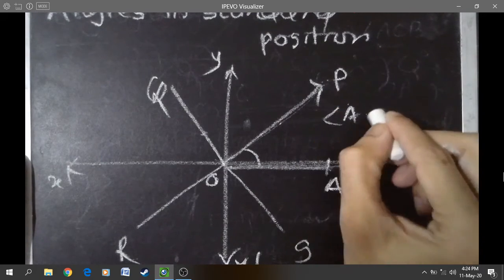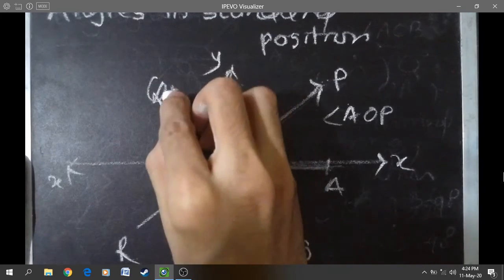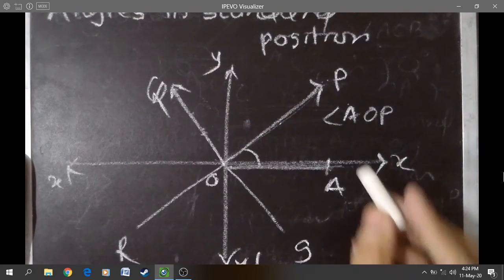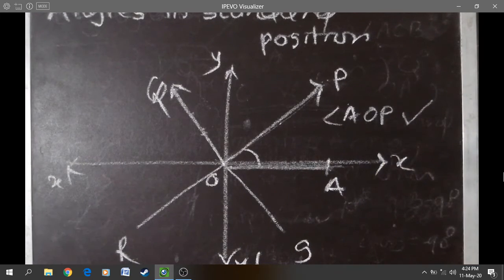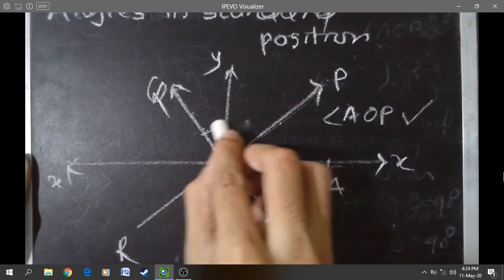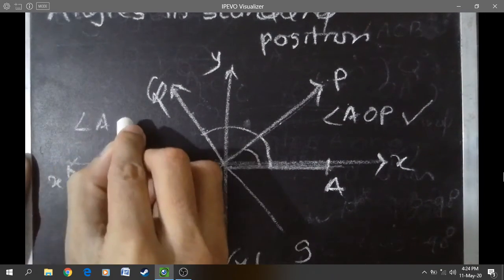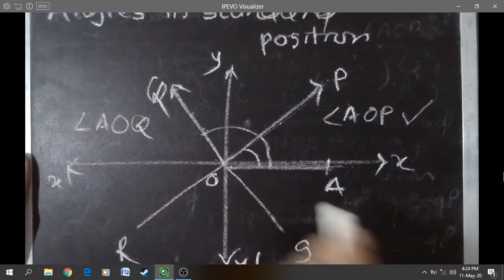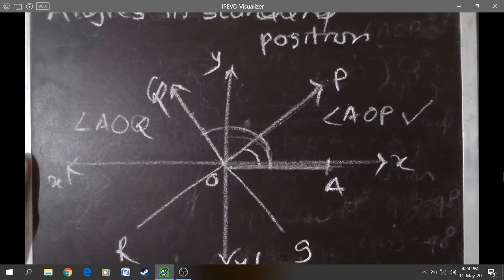Angle AOP. Now, we used OP as the first terminal ray. Now we use OQ as the second terminal ray. Then it becomes angle AOQ, right? I have shown the angle here. This one is the second angle.